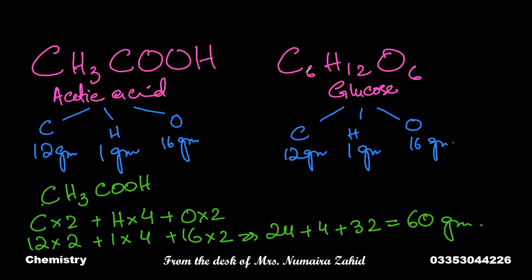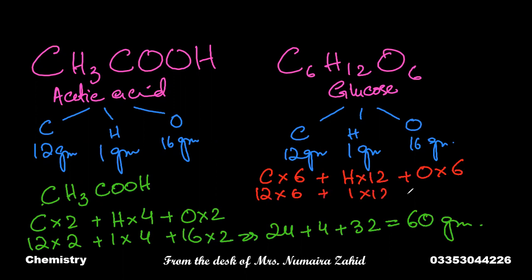Similarly, for glucose, what can we do? For glucose, we find the value of carbon. How many carbon atoms? Carbon multiplies 6 plus hydrogen multiplies 12 plus oxygen multiplies 6. So 12 into 6 plus 1 into 12 plus 16 into 6.